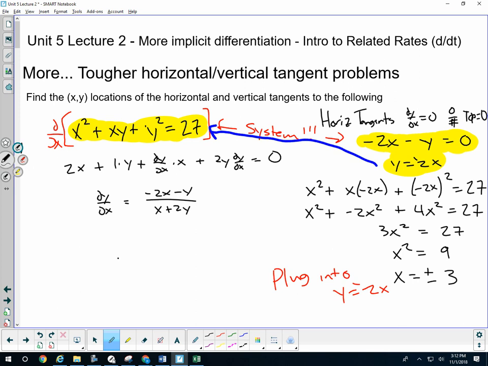And I get 3, negative 6, and negative 3, positive 6. Let's do the same thing, you guys do it, to find the vertical tangents.